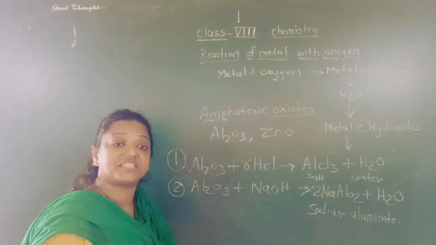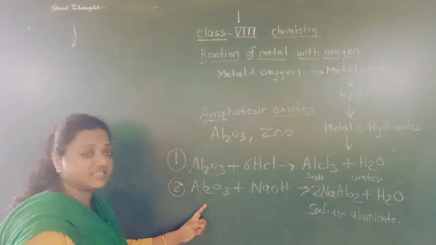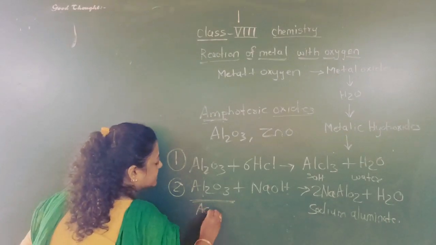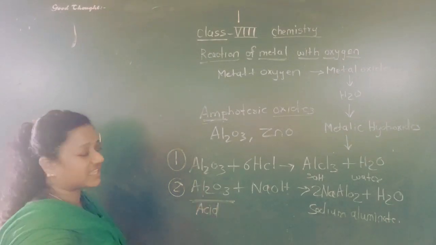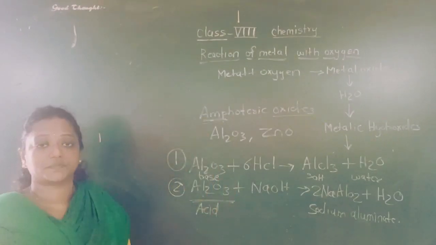Sodium aluminate, which is a salt, and water. Understood? So in this case, this aluminium oxide has behaved like what? Acid. And in the first case, aluminium oxide behaved like a base.